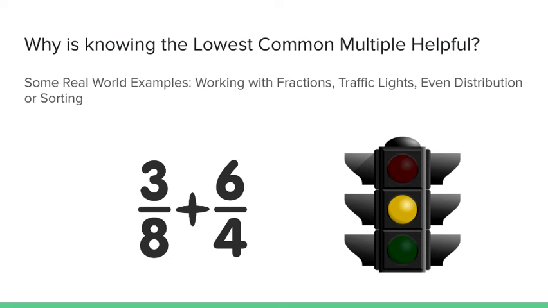If we're trying to evenly distribute something, like handing out a certain amount of things, knowing the lowest common multiple can help us distribute amounts evenly, much more efficiently and easily. It also helps with sorting. So there are quite a few real world applications, but mathematically, you're going to be using it the most when dealing with fractions.